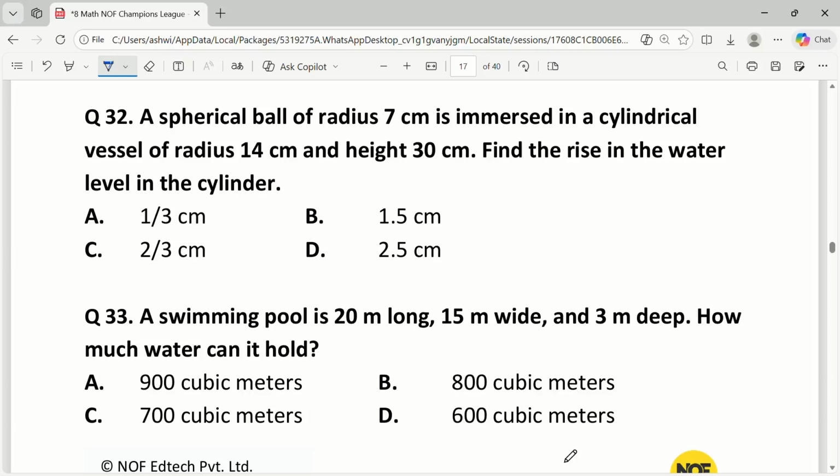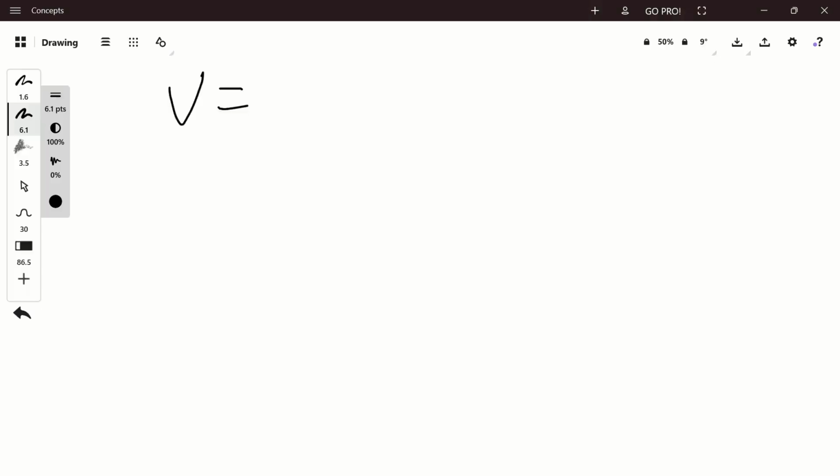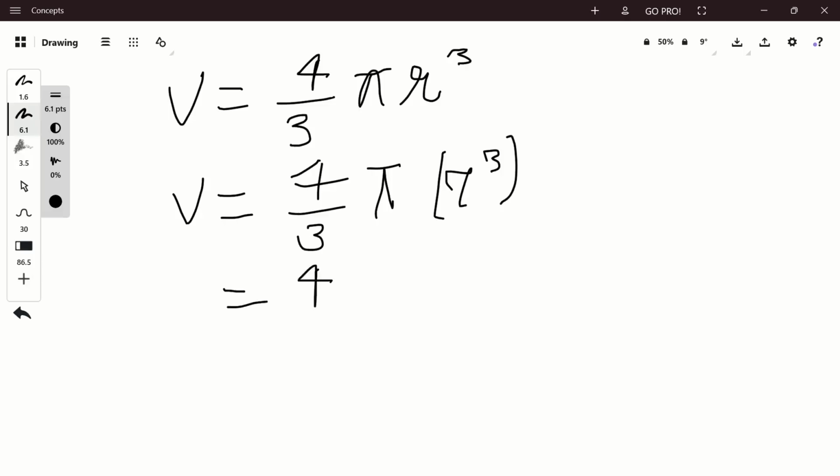Calculate the volume of the sphere. We have V is equal to 4 by 3 pi r cube. So V is equal to 4 by 3 pi 7 cube, which is equal to 4 by 3 pi 343.